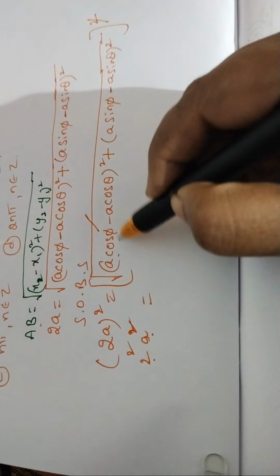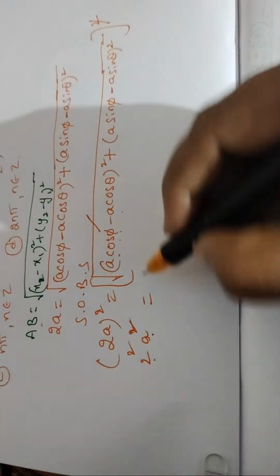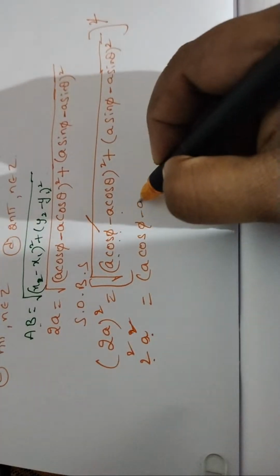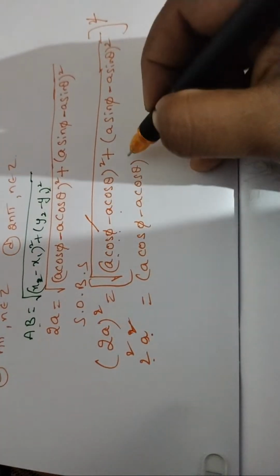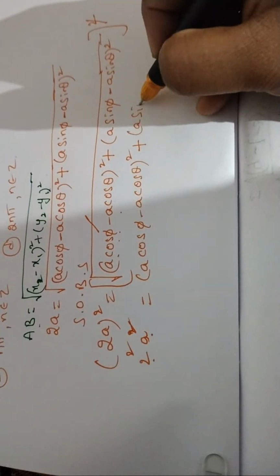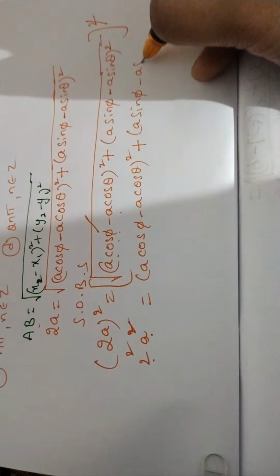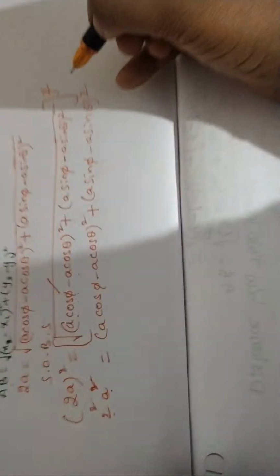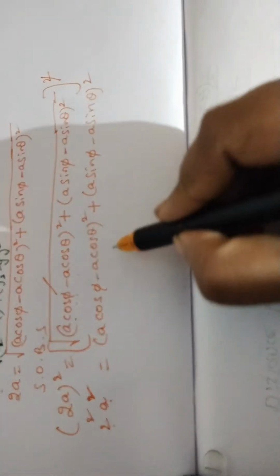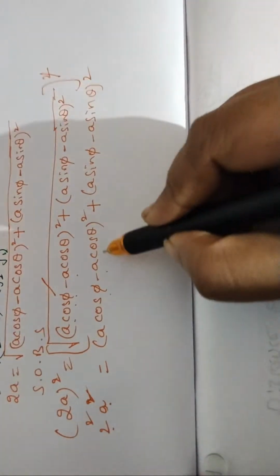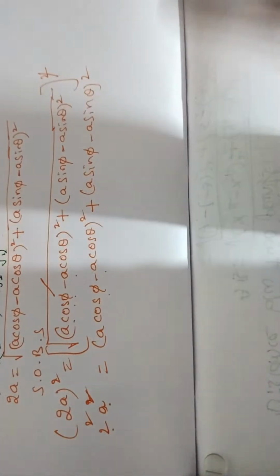Here a cos phi minus a cos theta whole square plus a sin phi minus a sin theta whole square. And do you know the a minus b whole square formula? It's looking like that. A minus b whole square.